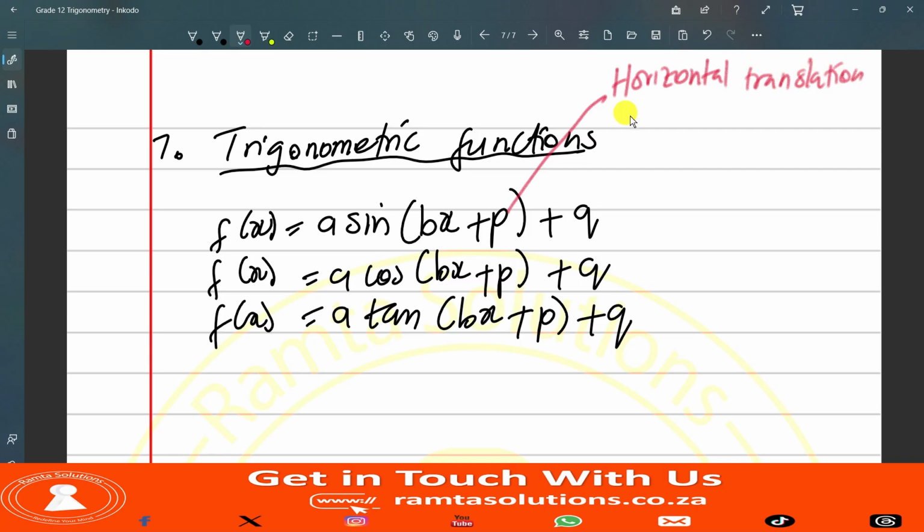Like was the case with all other functions, if p is positive, the function shifts to the left. If p is negative, your function shifts to the right. This goes for all of them. Let's talk about q.